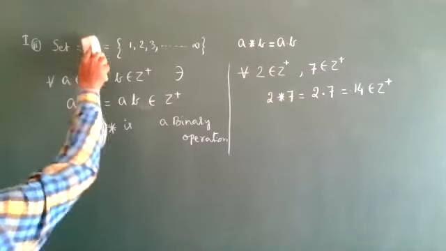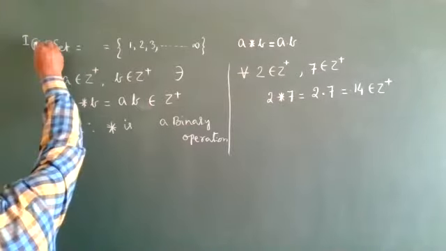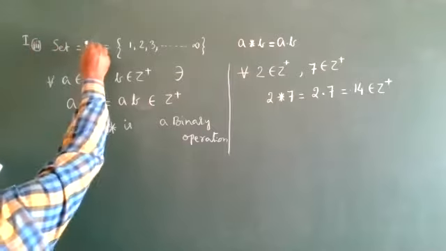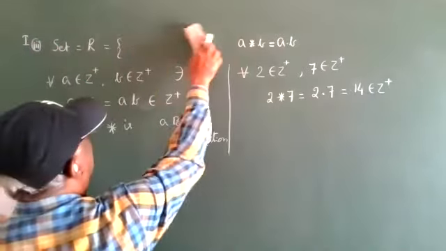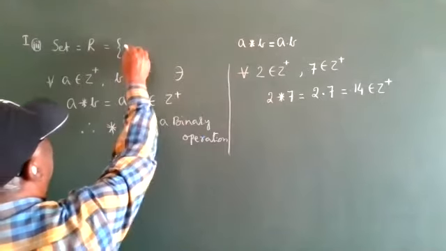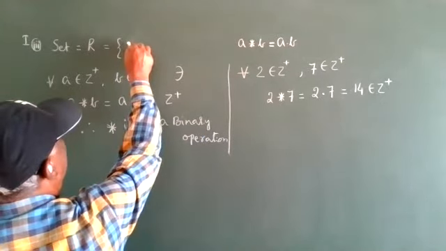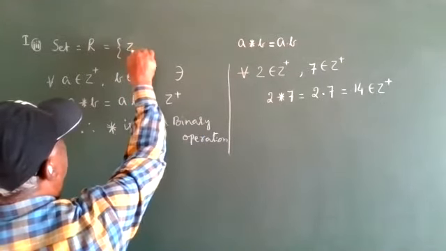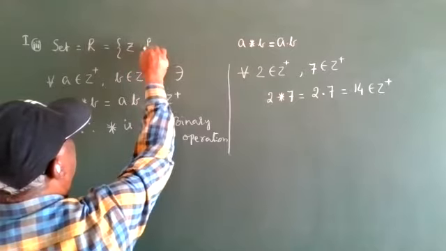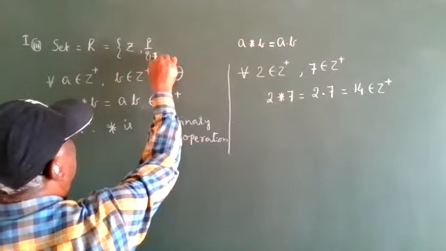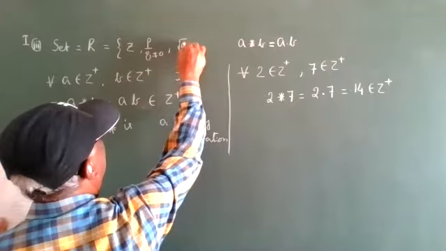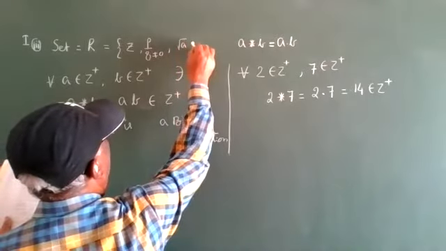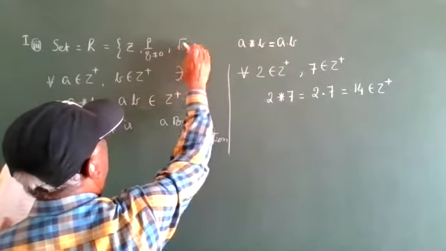On real numbers, the set is given by real numbers. Third bit, set R is equal to real numbers. What are the real numbers? All the integers, rational numbers, and irrational numbers, like root 2, root 3.